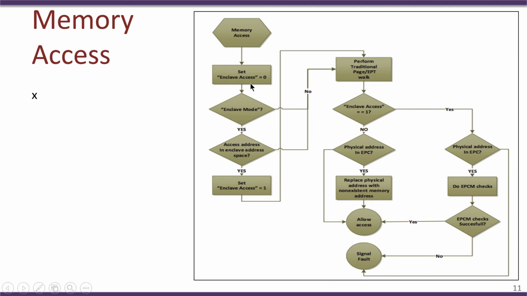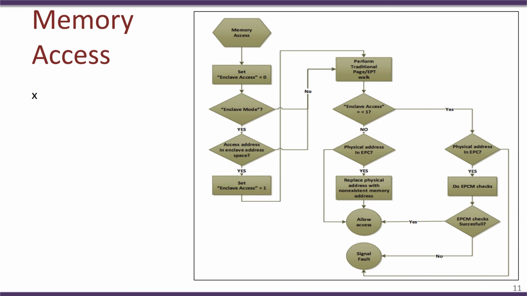Enclave access is still set to 0, so it is no again, and then we check whether the physical address is in the EPC. In this case, it is yes, and what we do is that we replace the physical address with some non-existent memory address. Essentially, we are going to fill in some garbage and permit the access. So, such a memory access would complete, but what the program would see is some garbage value and not the actual value corresponding to that memory location present inside the enclave.